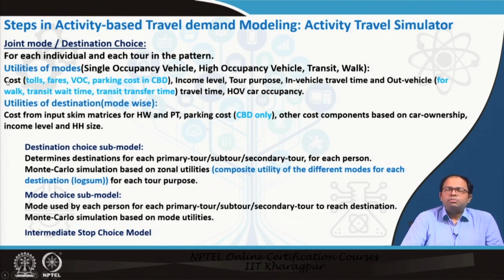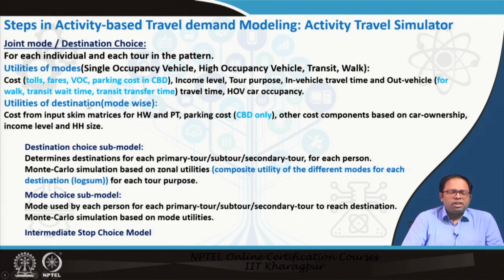The explanatory variables are cost, or rather the utilities are measured using cost for tolls, fares, parking cost, and then income level, tour purpose, in vehicle travel time, out of vehicle travel time, and so on. Then utilities of destination mode wise could be determined based on cost for input scheme matrices for highway and public transit trips, parking cost, and other cost components based on car ownership, income level, and household size.